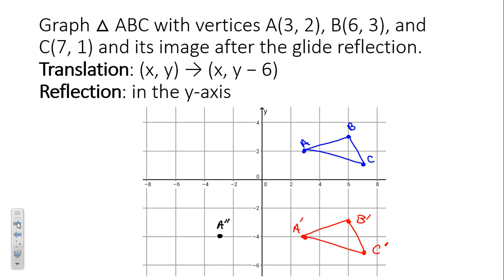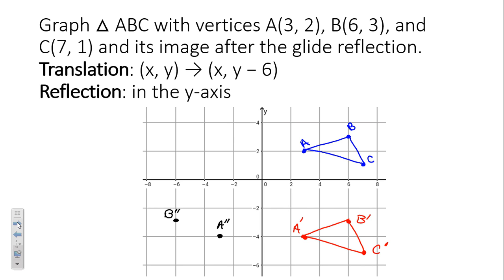Look at your B. They will be the same size when it's done. How far away was B prime from the y-axis? 6. So the other one will be 6 as well. We don't change height. And how far away was C from the y-axis? 7.